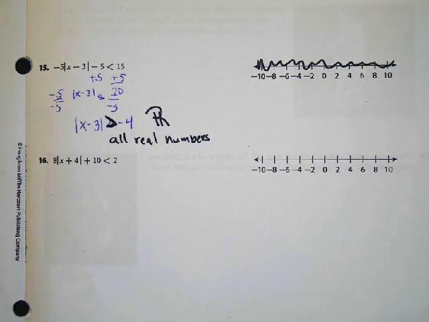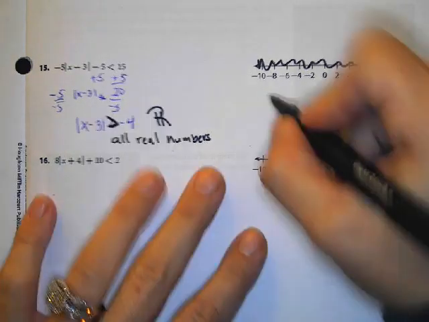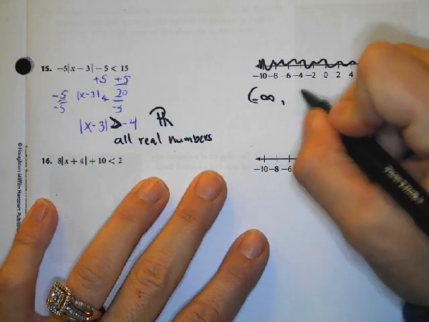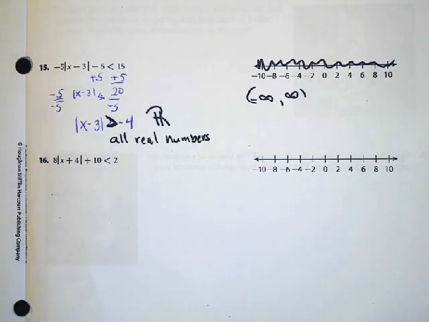How do I write all real numbers? What's the smallest answer? Negative infinity to infinity. So if you're writing it in interval notation, another acceptable answer. You guys are going to see all 3 of them. Okay? Always, sometimes you'll see that as a math answer written out sometimes, but not very much.